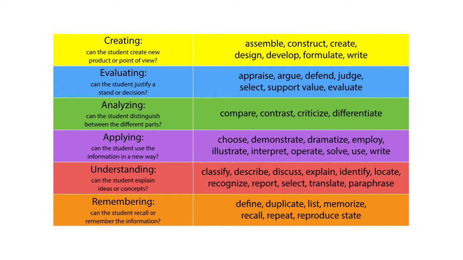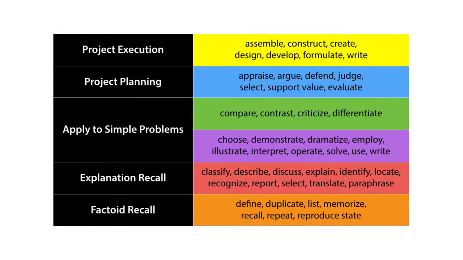So I like to categorize these levels of thinking skills from sort of lower order to higher order thinking in my own way. I put at the bottom of the pyramid here the factoid recall and explanation recall up to applying to some simple problems, and then all the way up at the top, really sophisticated project planning and execution.